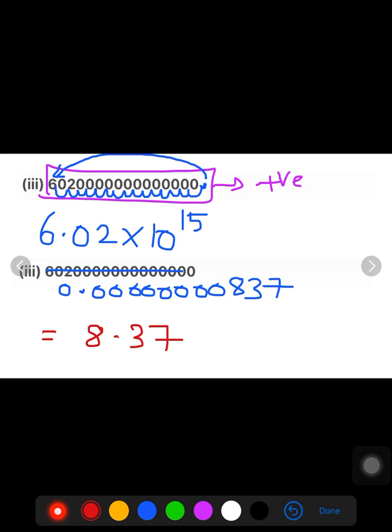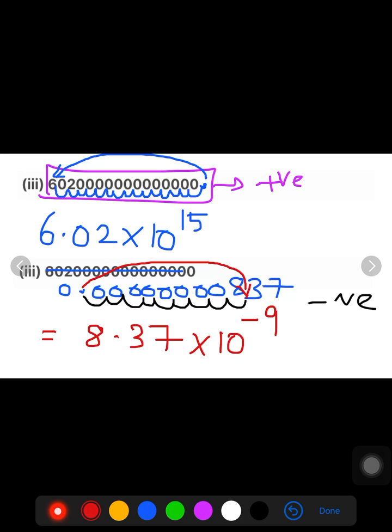Now it's a very small number, so you'll be using negative exponents. Here you will be shifting your decimal point to your right side. How many digits you are shifting, you need to count. So we'll count now. 1, 2, 3, 4, 5, 6, 7, 8, 9. So 9 digits you are shifting your decimal point to your right side. When you're moving your decimal point to your right side, you'll be using negative exponents. So your answer will be 8.37 into 10 to the power of minus 9.